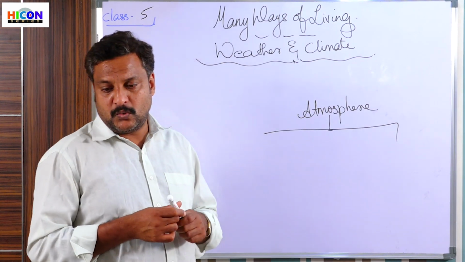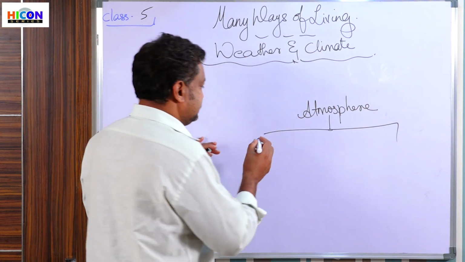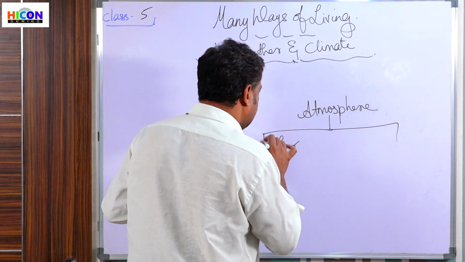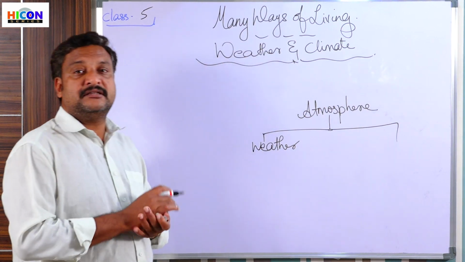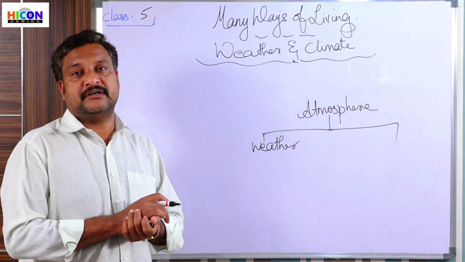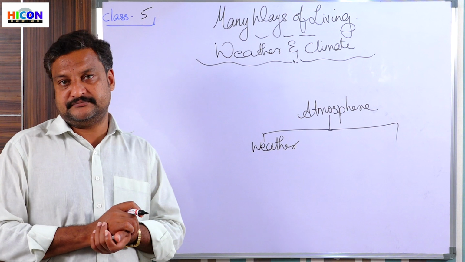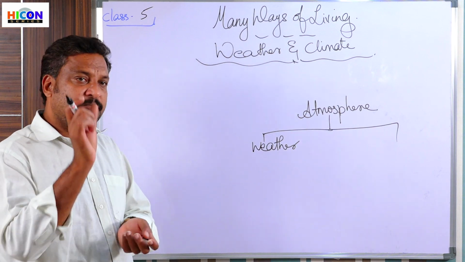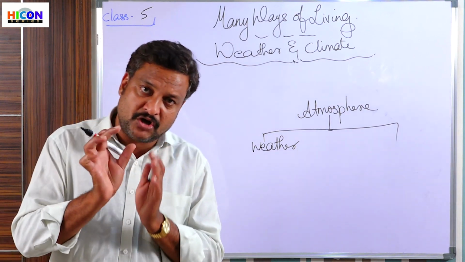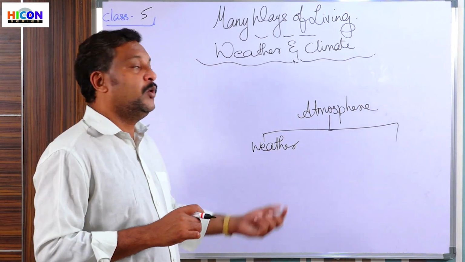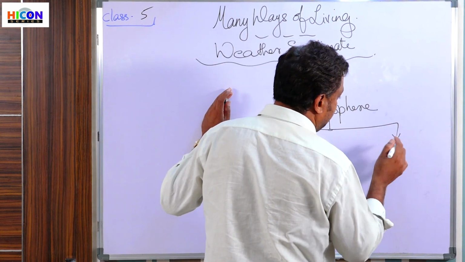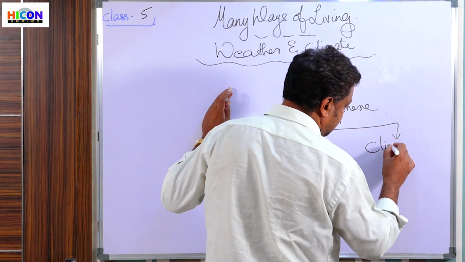Okay, so weather is the kind of change that happens in this atmosphere for a shorter period of time. The changes that happen for a shorter period of time are called the weather, and the changes that happen for a longer period of time are called the climate.